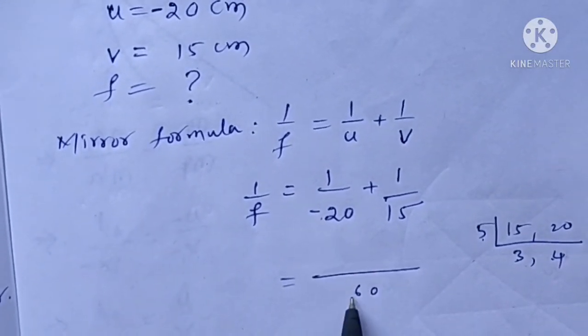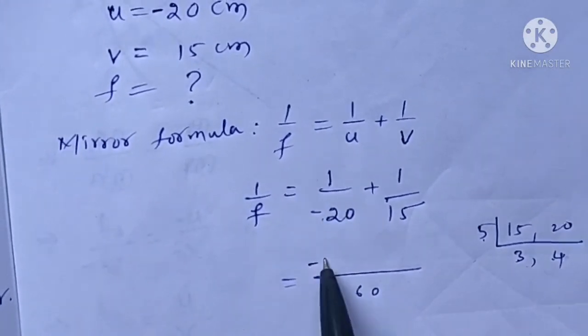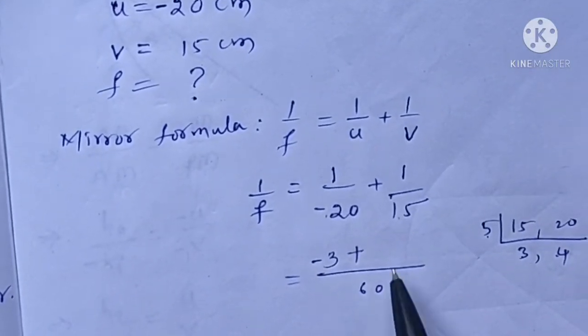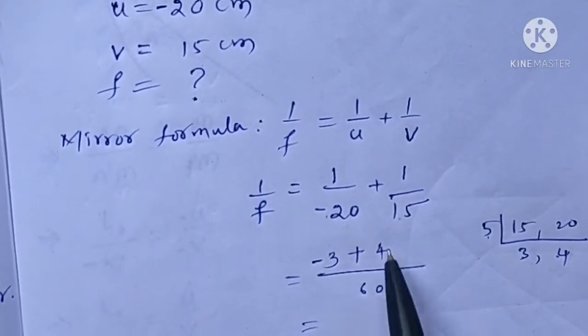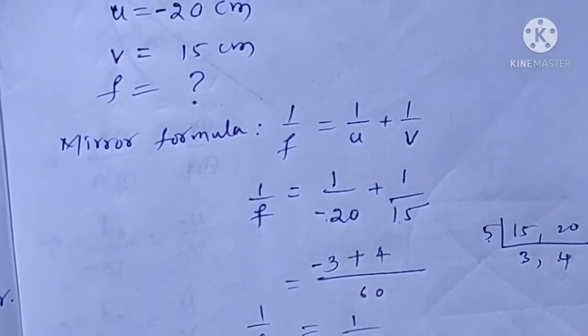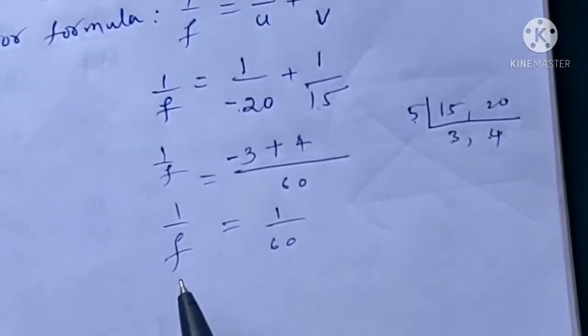So 20 into 3 is 60, 3 into 1 is 3, negative, so minus 3, plus 15 4s are 60, 4 into 1 is 4. So 4 minus 3 gives 1 by 60. So 1 by f is equal to 1 by 60.